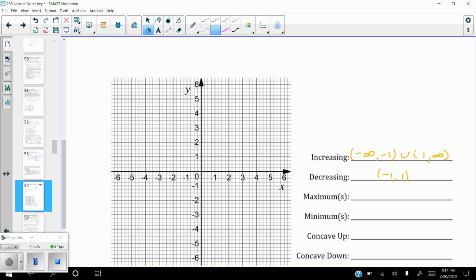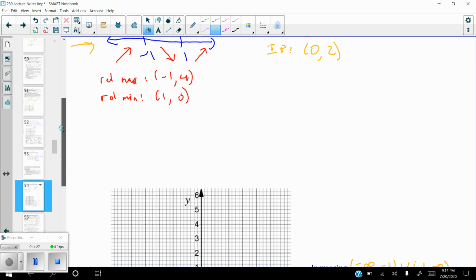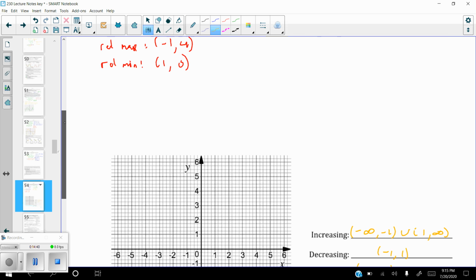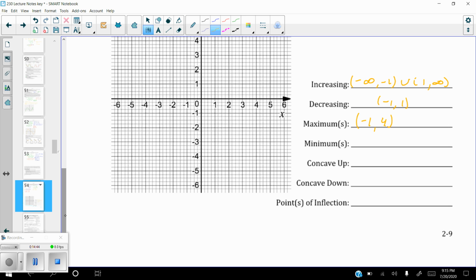Okay, the maximum value was at negative 1, 4. The maximum itself was 4. The minimum is at 1, 0. So the minimum value is actually 0.